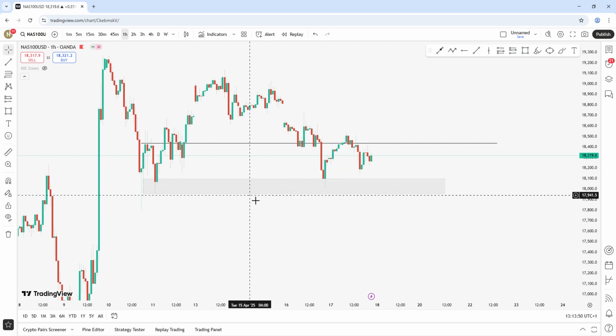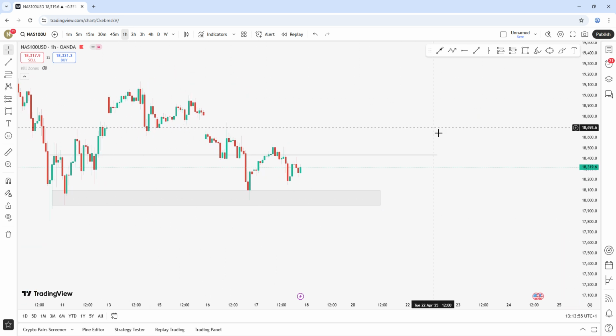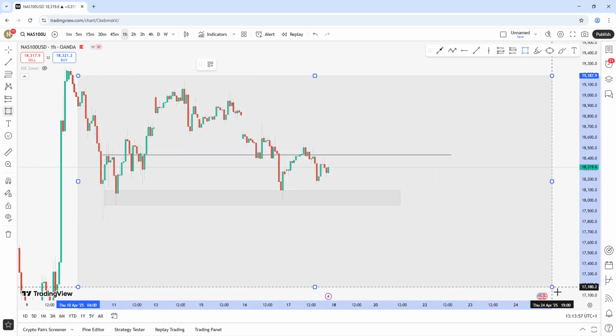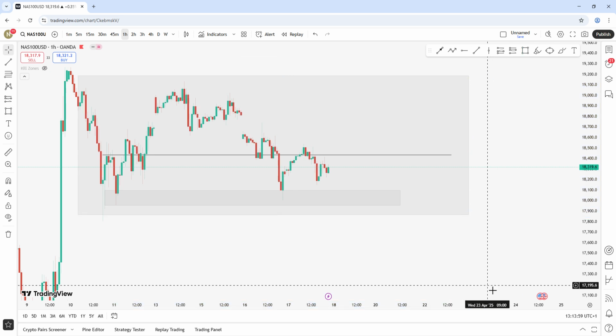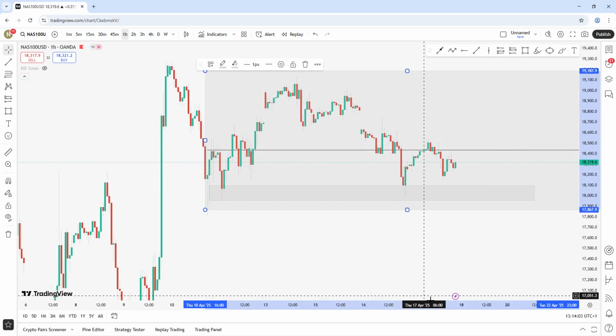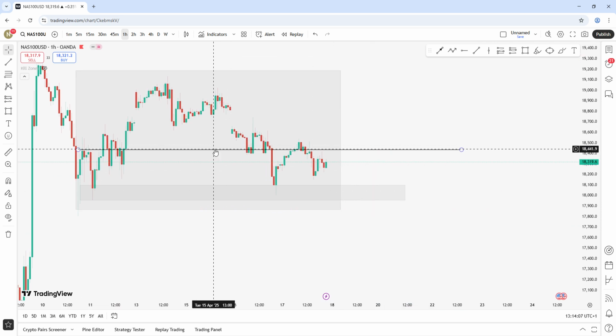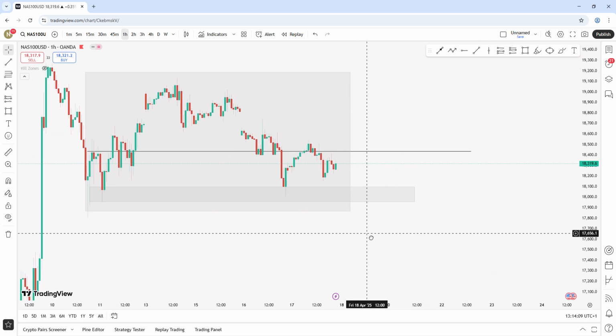If you look at it on a bigger picture, from here up to here, it looks like it wants to go up. It generally does want to go up.